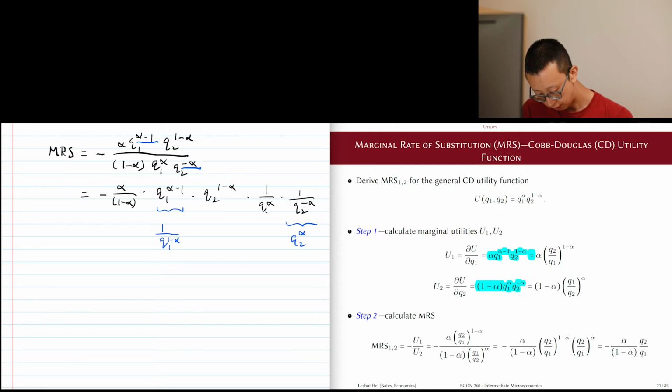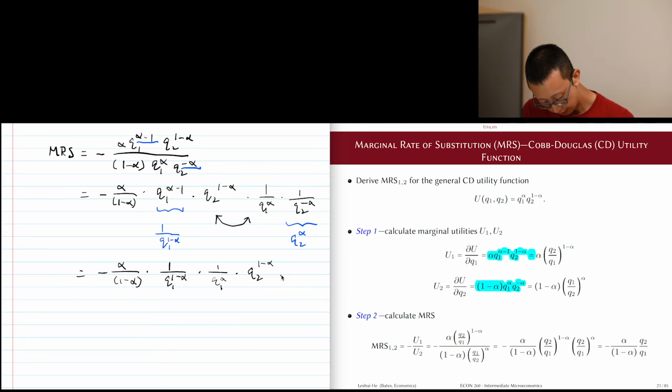Now we can rewrite the entire expression as minus alpha over 1 minus alpha times 1 over q1 to the power of 1 minus alpha multiplied by, let's switch these two terms, I can put q1 and q1 together. We're going to have 1 over q1 to the alpha times q2 to the power of 1 minus alpha, and then multiply by q2 to the power of alpha.